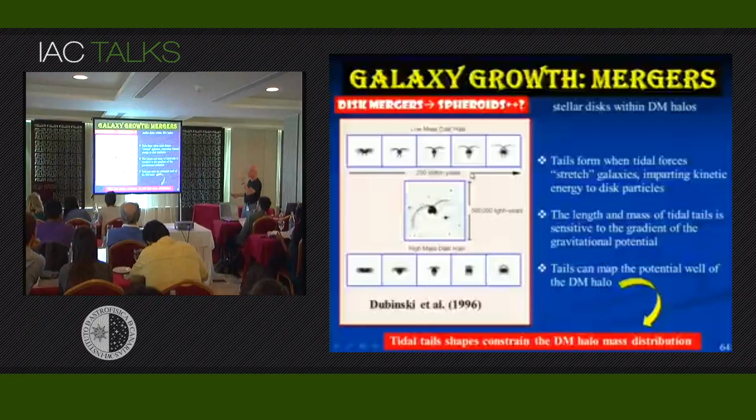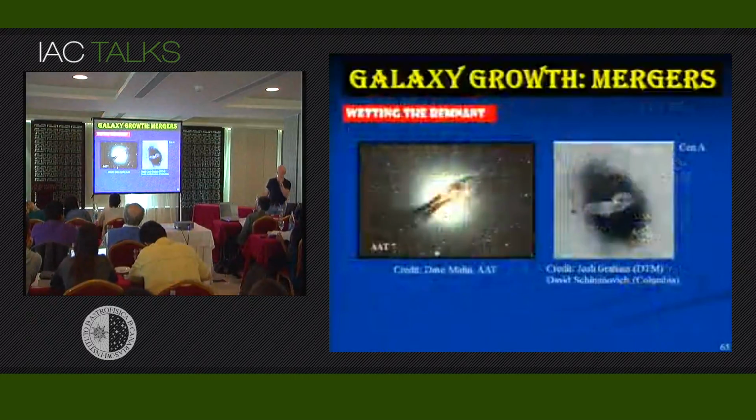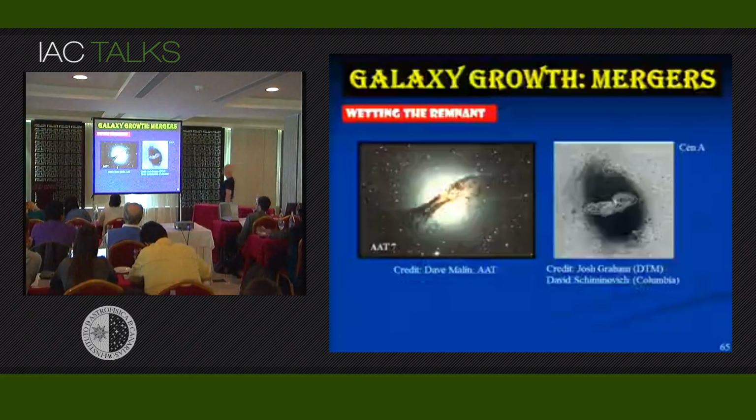There are other things that these mergers can teach us, and in fact, the tidal features that appear even when we have only dry stellar disks are quite sensitive to the mass distribution and the total mass of the halo, as you can see from this nice work by John Dubinsky a few years ago regarding the tidal features.